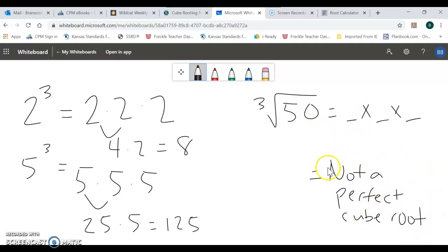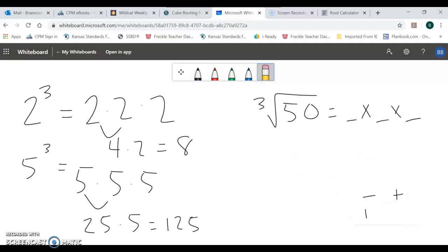So I have a question on your assignment for cube roots. It's going to ask you which of those is not a perfect cube root answer. And you're going to have to know, well, it's the one that I could not find a number where you multiplied that number 3 times in a row to get it. Nothing works. So that one is the one that's not a perfect cube root. There is an answer. Again, there is actually an answer, but it's just not a perfect cube.